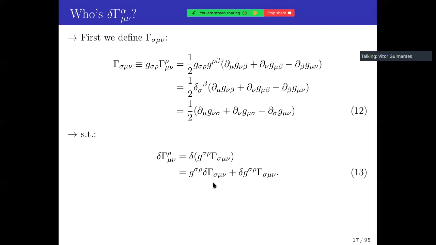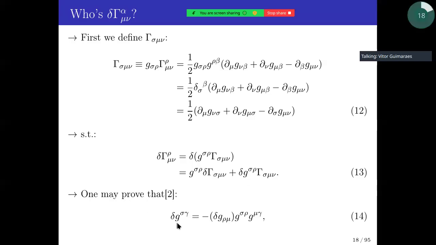But the fact is, who are these elements, right? Well, I'm not going to do a full proof of how to compute this object here, but you can see the full development in the book by Ferrari and Paolo Pani, one of the references, okay?